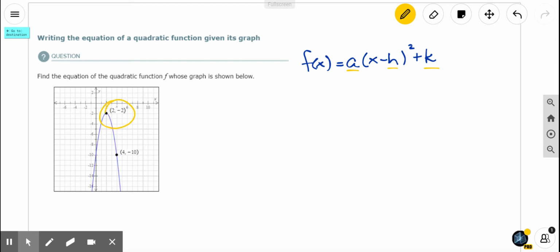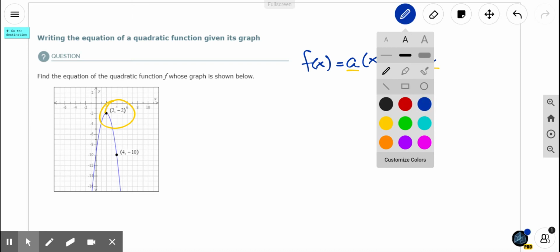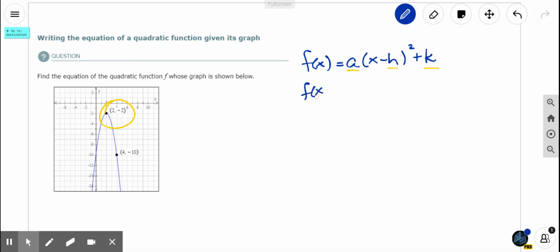So I can go f of x equals a, I don't have a, times x minus h, which is 2, and k is -2, minus 2. So look, I plugged in the vertex right here, okay? So plug in the vertex.